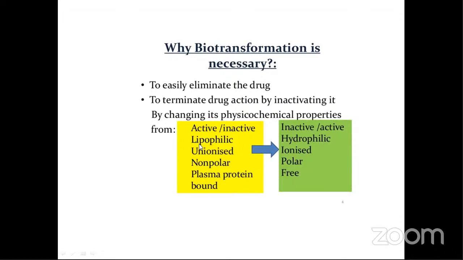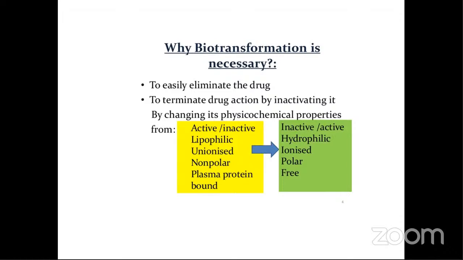Again, lipophilic drugs can be converted to hydrophilic drugs after metabolism. Unionized drugs can be converted to ionized drugs, non-polar to polar drugs. Some are plasma protein bound; some drugs will be converted to free drug. After becoming free only, they can be easily eliminated.